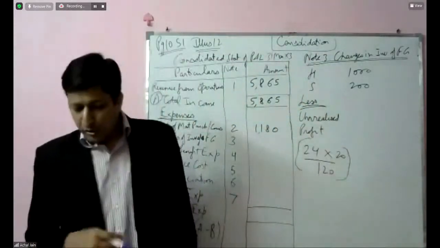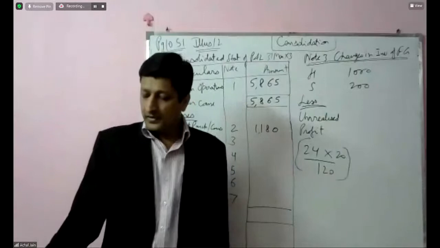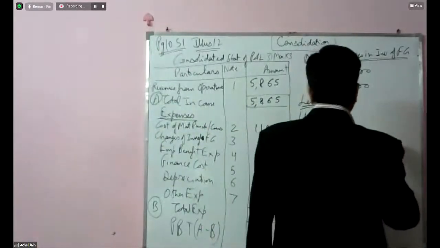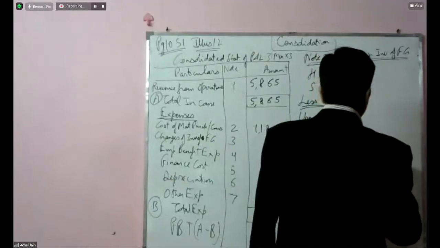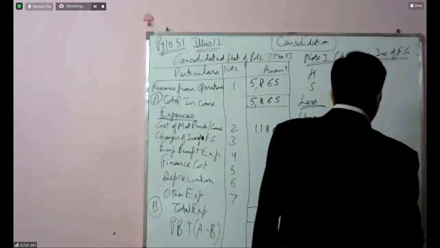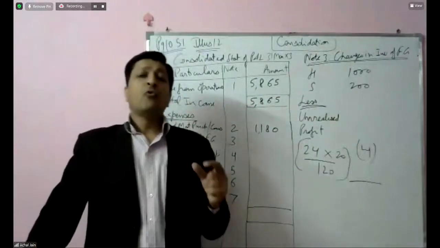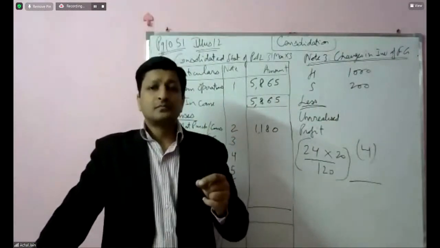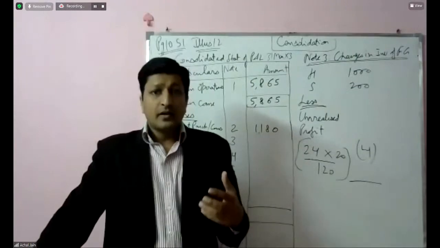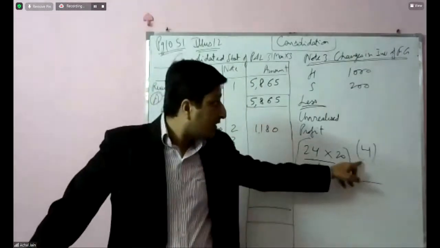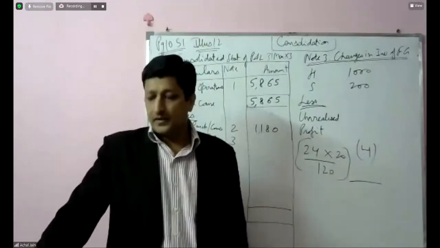Or you can compute it either way. So what do you get? You get 4. 4 is the amount of markup, or you can say the profit element in the inventory worth rupees 24 lakhs. So we are removing this profit element.